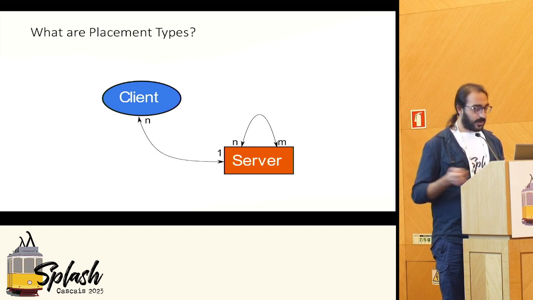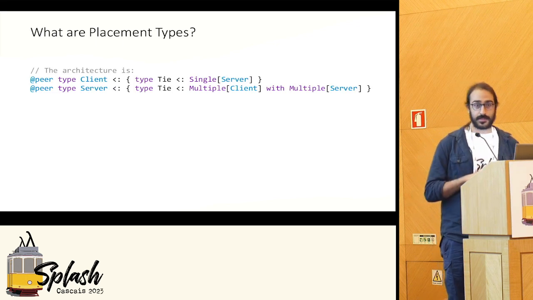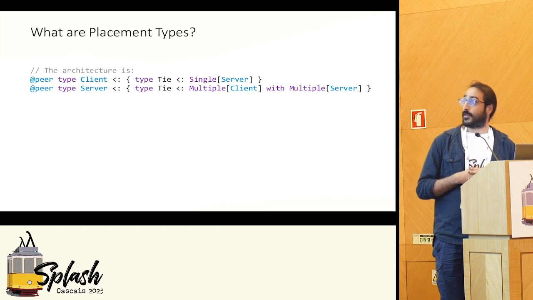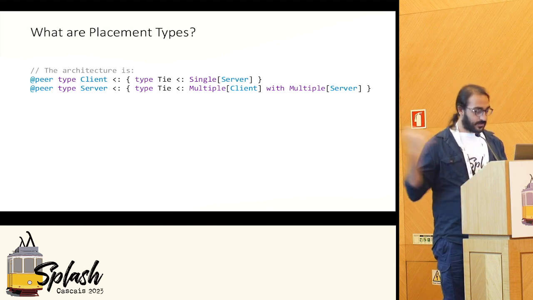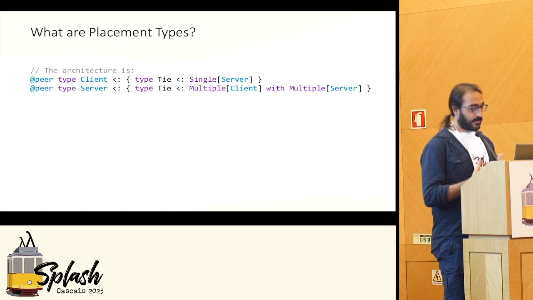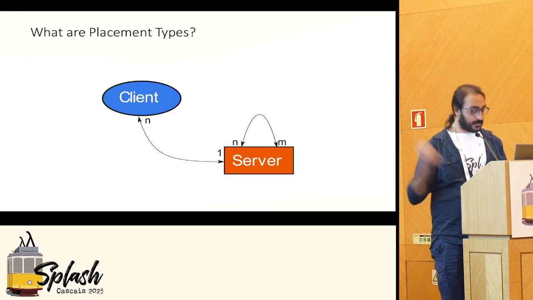But since we're programming, we cannot give this to a compiler. So there's a DSL for Scala that we've implemented, in which you can specify these architectures. This line of code says there's a peer type called client that connects to a single server, and there's also a peer type called server that connects to multiple clients and multiple servers. This essentially encodes this architecture.